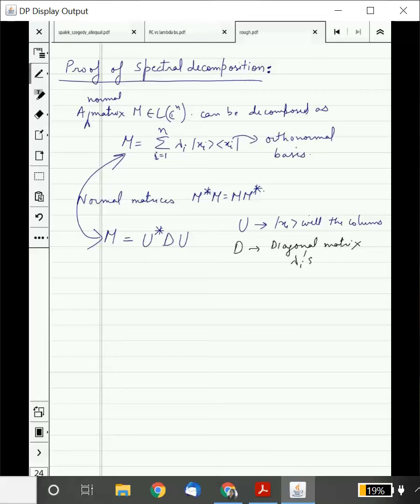With this construction, you will see that these two are exact same statements. So spectral decomposition says that a matrix M is diagonal in the basis of x1, x2, ..., xn. Remember what diagonalizable matrices were?